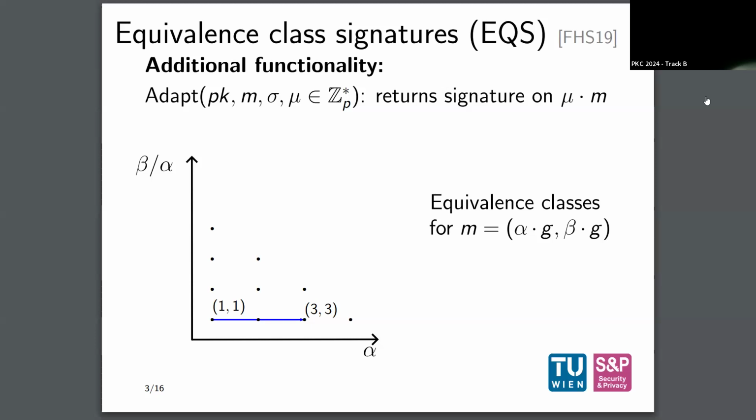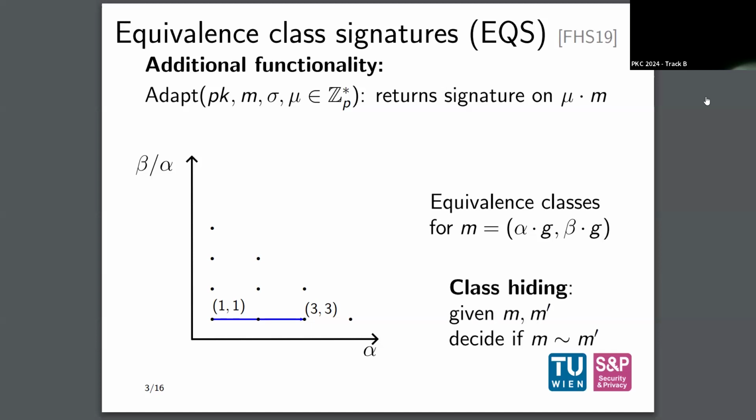So for example, if we're given a signature on 1, 1, then we can re-randomize the signature and re-randomize the message. And as long as one can't tell whether the messages are in the same class or not, this gives us anonymity. This is precisely the property we're looking for, and we call it class hiding. That is, if we're given two messages, M and M prime, then it should be hard to decide if they're in the same class or not.